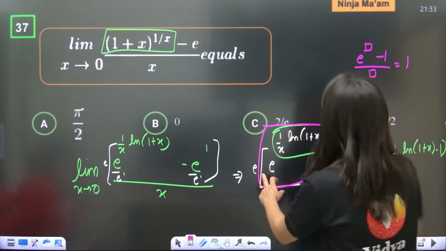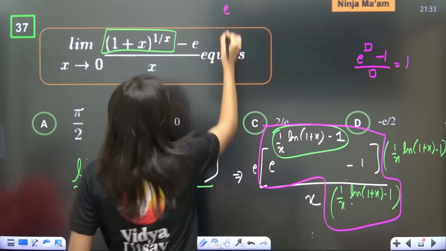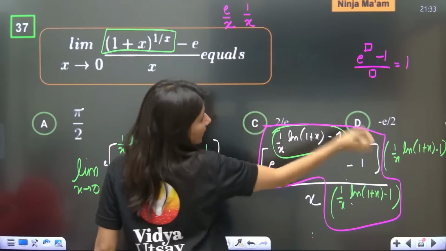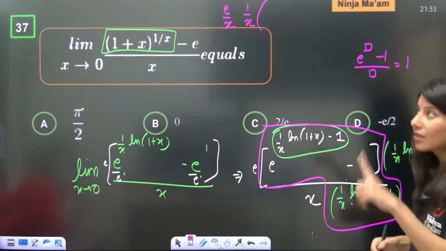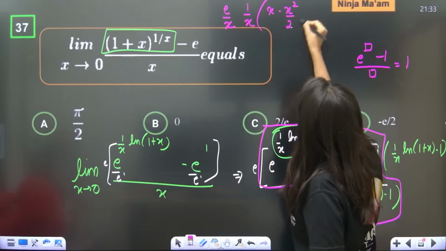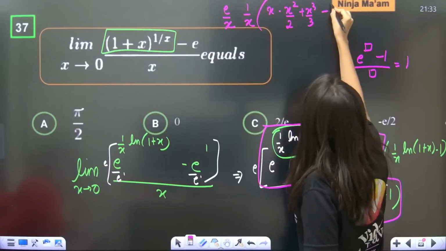So this is your e, finally e will be outside, 1 upon x will already be there, then this is 1 upon x, then this is log of 1 plus x. Now expand, expansion will work. Log of 1 plus x expansion is x minus x square by 2 plus x cube by 3 and so on. This is minus 1 as well.